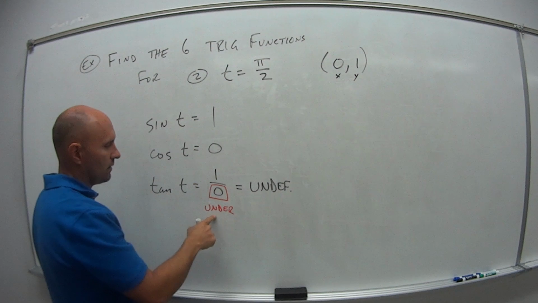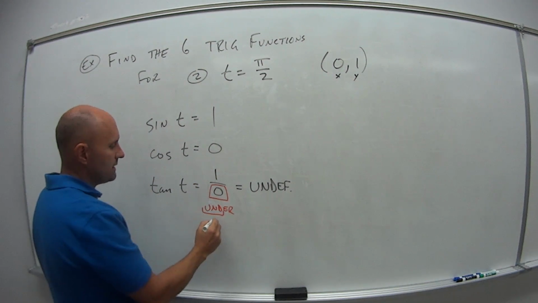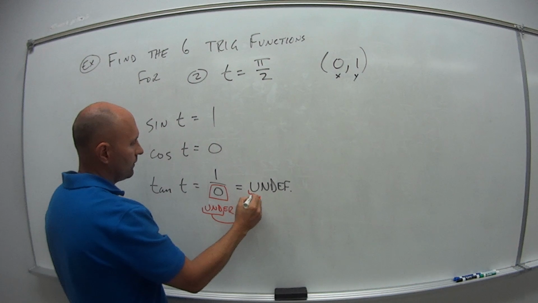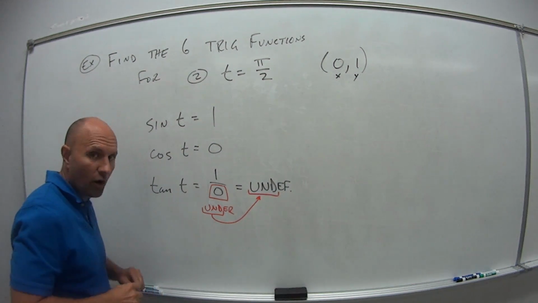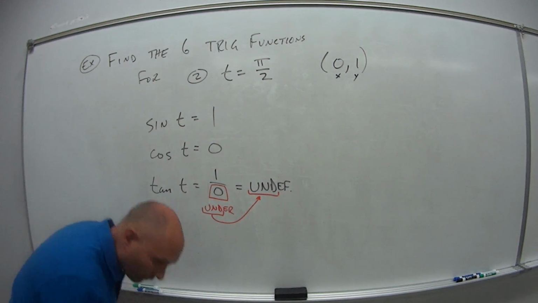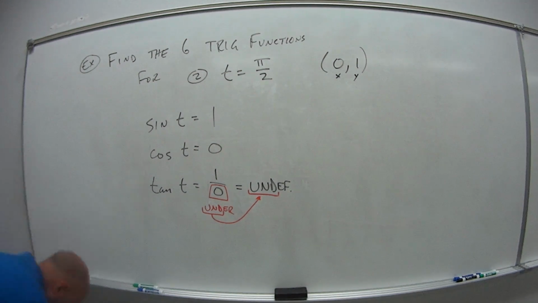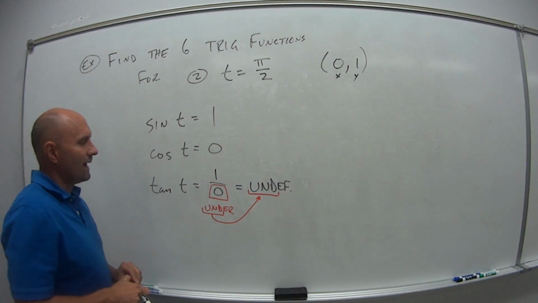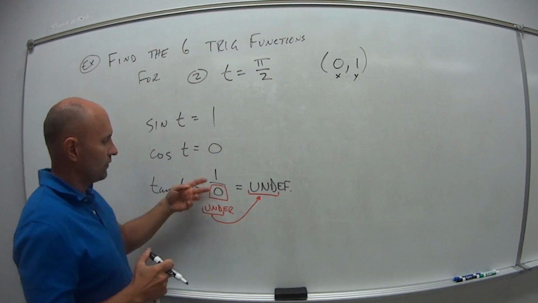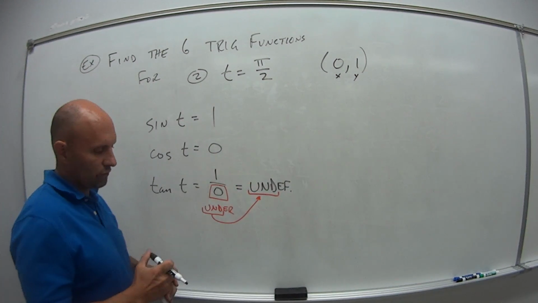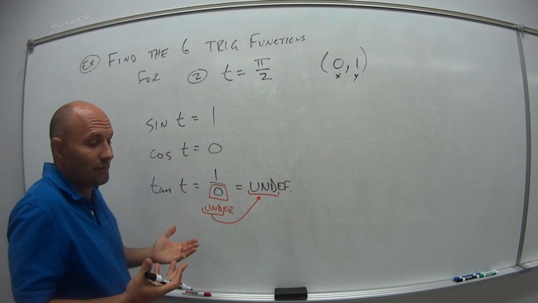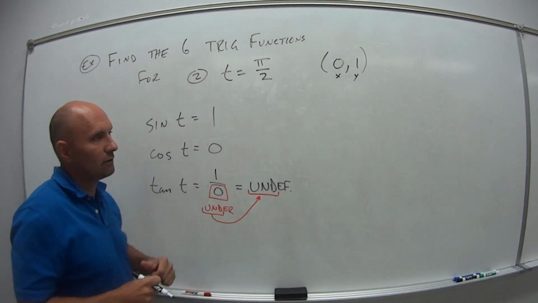It's under that number. So UND should tell you that it is UND, undefined. If 0 is in the denominator, that tells us that it's undefined. 0 is under UND, so undefined. Hopefully, if it's always been an issue for you, maybe that little trick will help you.